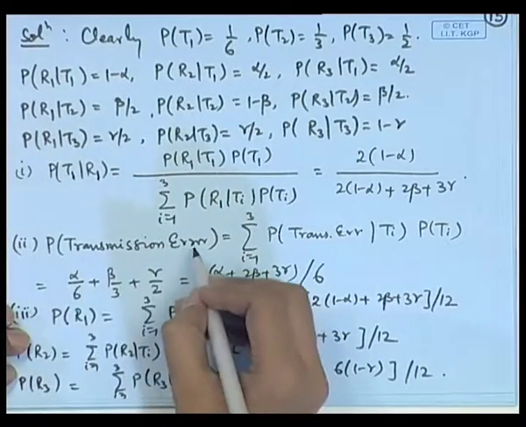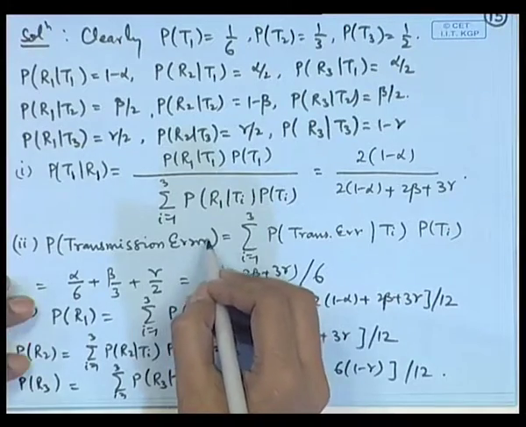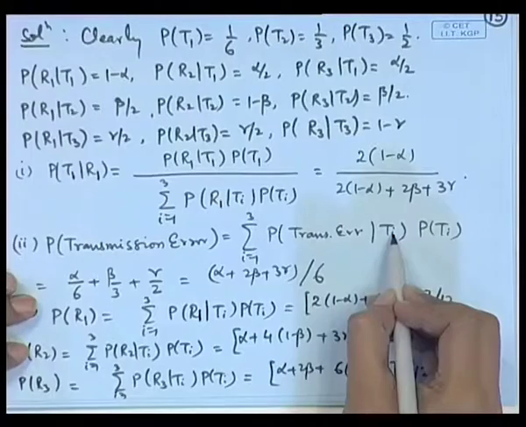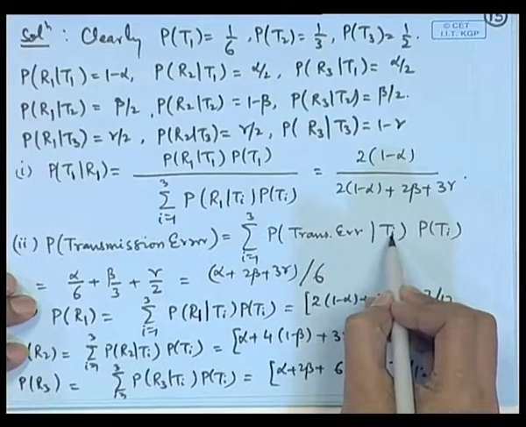What is the probability of a transmission error? Now, transmission error is the post event. That means, firstly something is sent, something is transmitted. Therefore, it is conditional upon what was actually sent. There are 3 possibilities of sending the digits 1, 2 or 3.